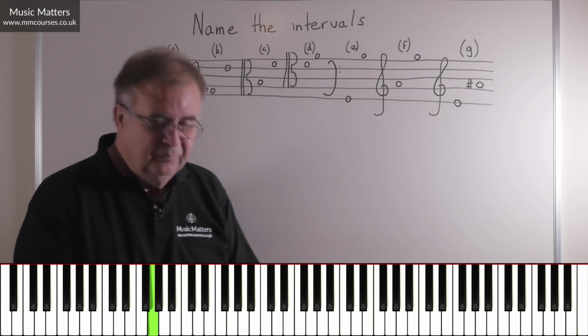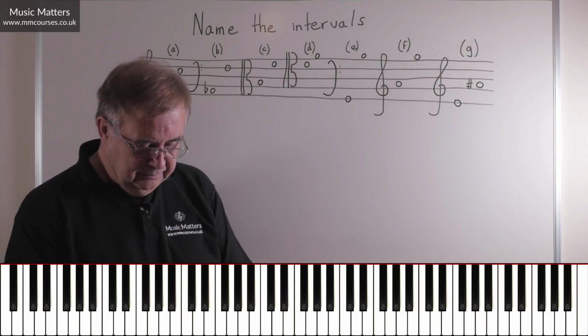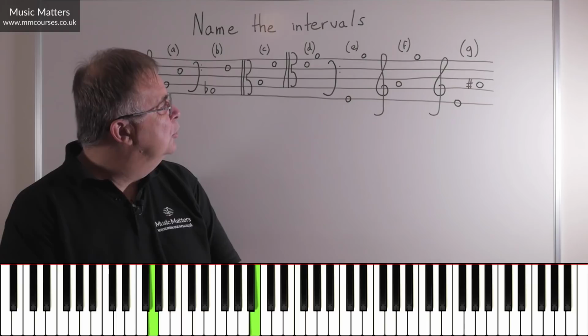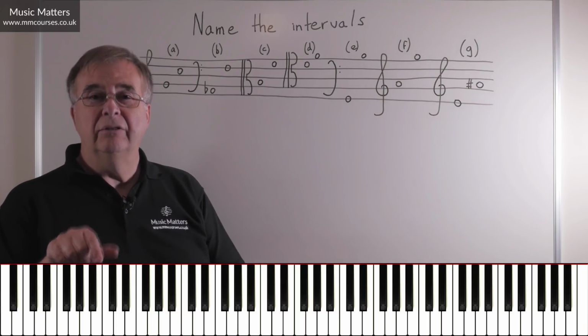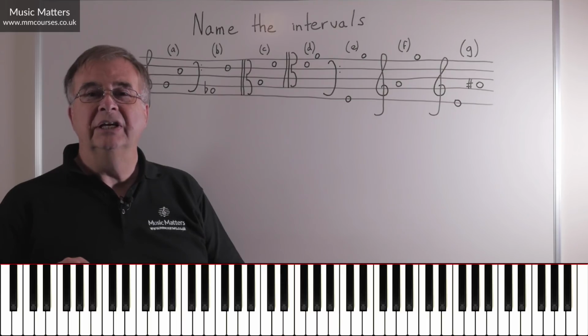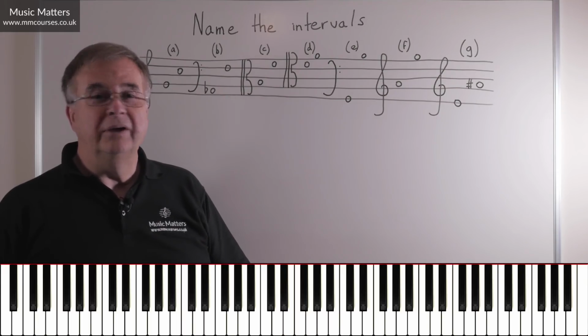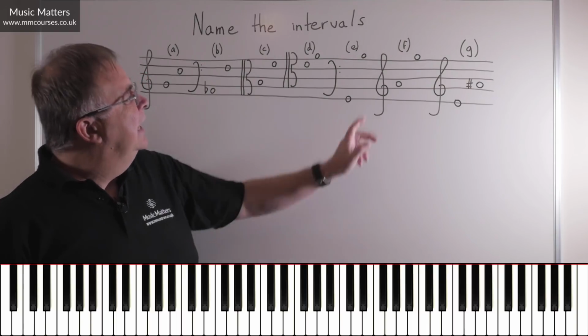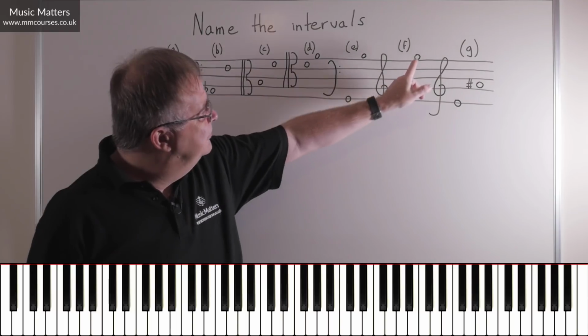Here's G, here's B. Put them both together. There you've got your compound major third. Because it's a major third, a compound major third, you could also call it a major tenth, and that would be perfectly in order.